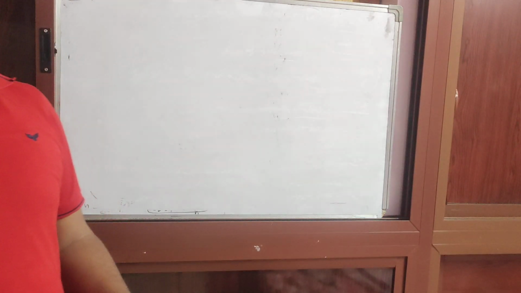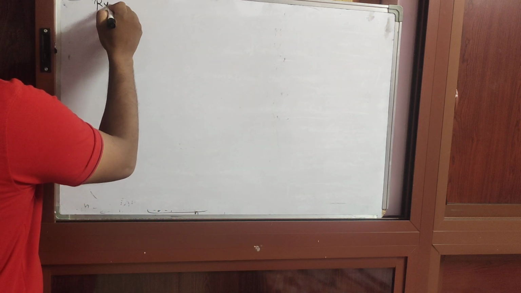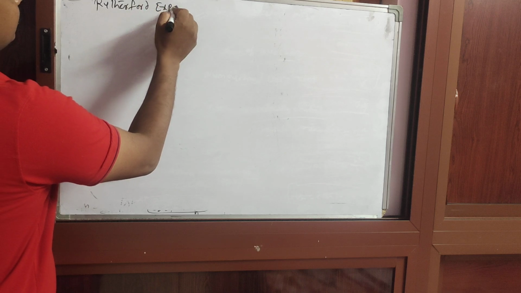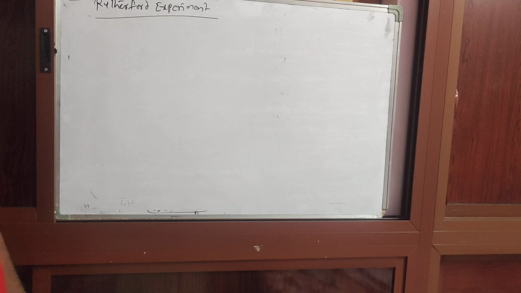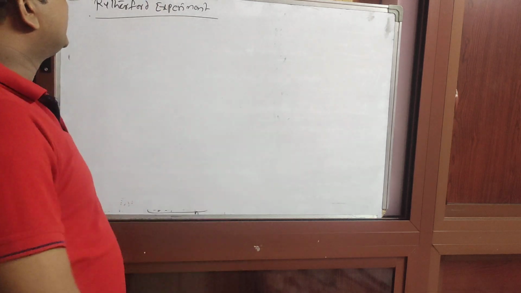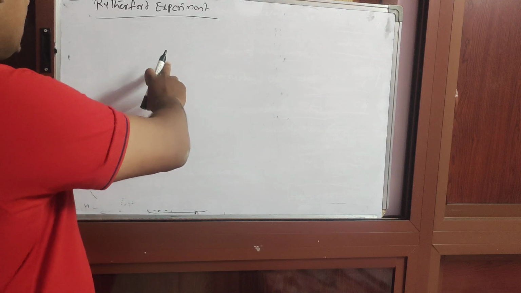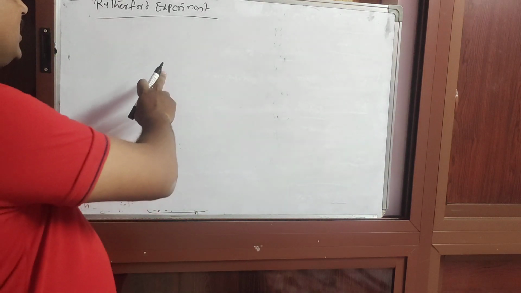Next, first, what is the Rutherford experiment? His colleagues did the work and reported to Ernest Rutherford regarding the stability of atoms, how atoms exist, and how the positive charge exists in the atom.